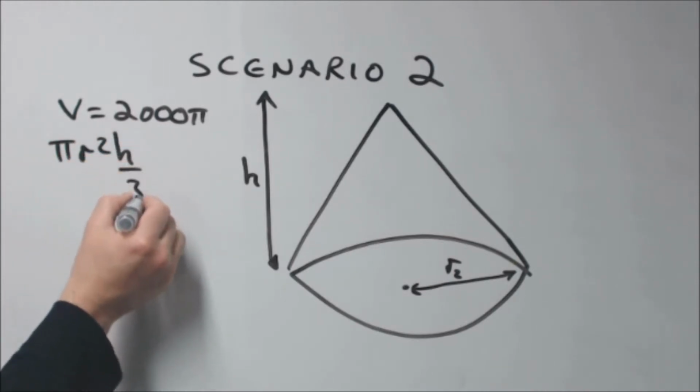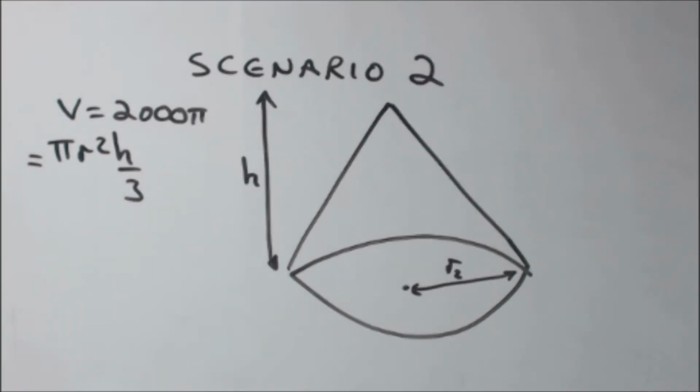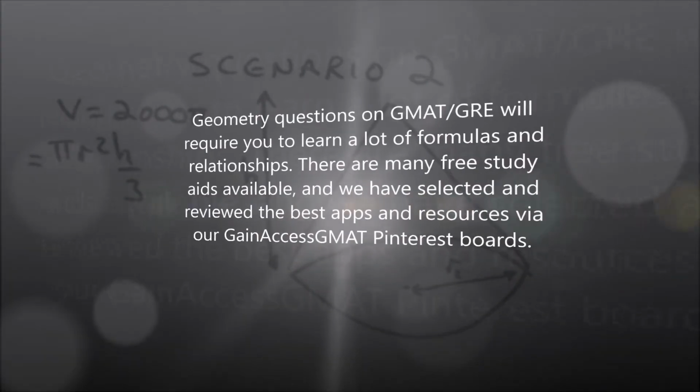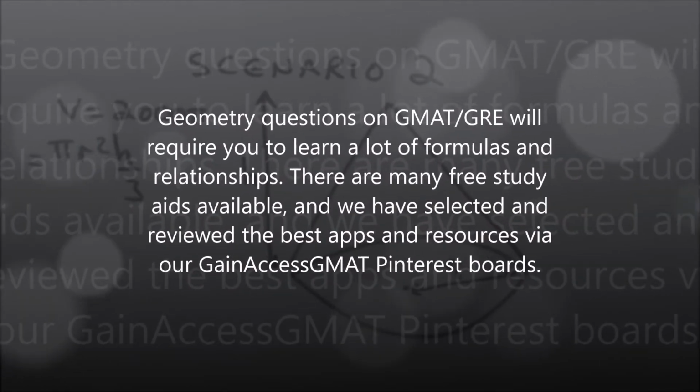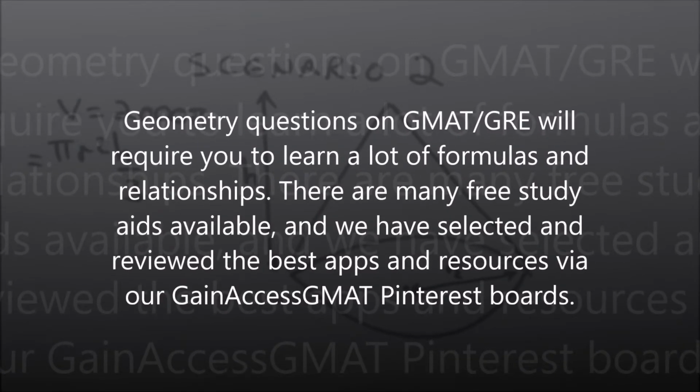Now, we generally consider geometry to be one of the easier topics on your GMAT. Yes, you don't have a calculator, but as long as you have memorized 20, 30, 40 pieces of information, with flashcards or this type of thing, whatever it takes, there are plenty of applications for mobile devices that include formulas such as pi r squared h over 3.